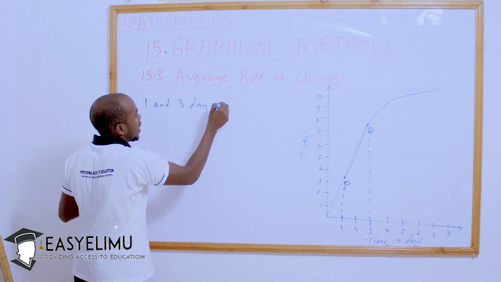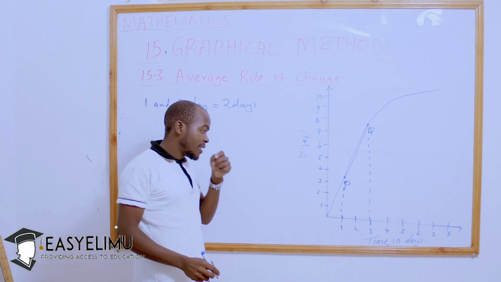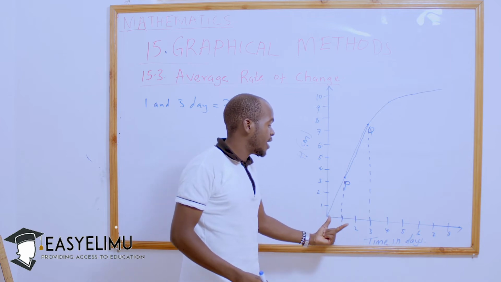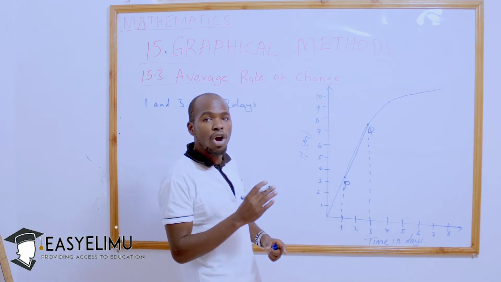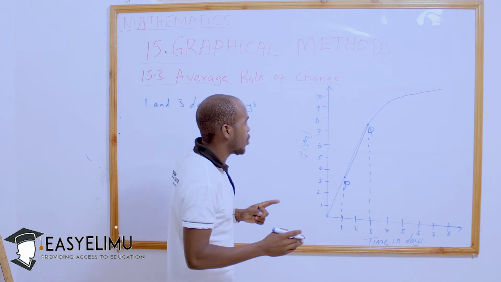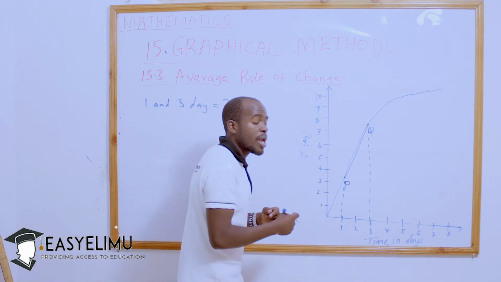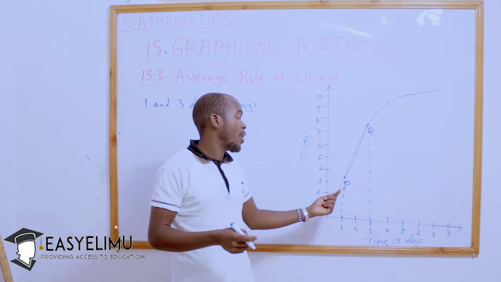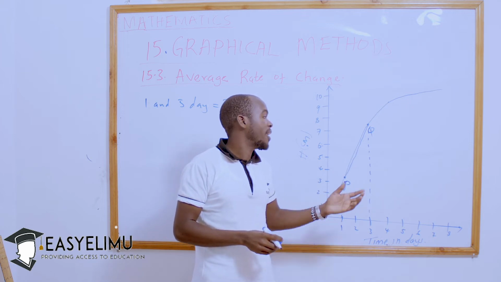So meaning there's an interval of 2 days within. If that is the case, we shall find the rate of change between those 2 days and find out how long that seedling grew per day. If you are being asked that way, remember, you are going to take the 2 points, then you find the rate of change between them.